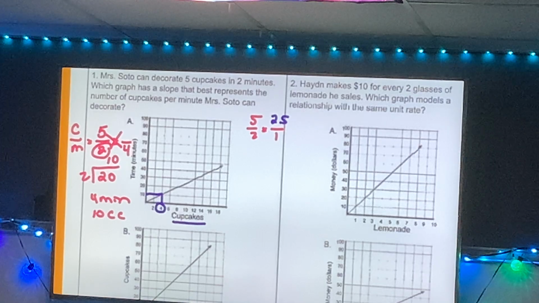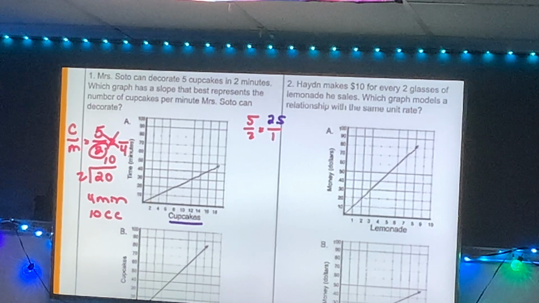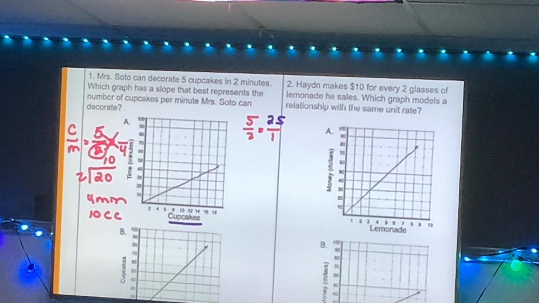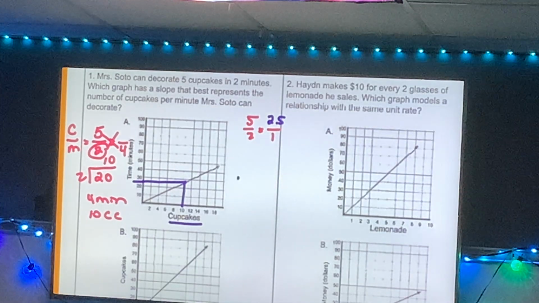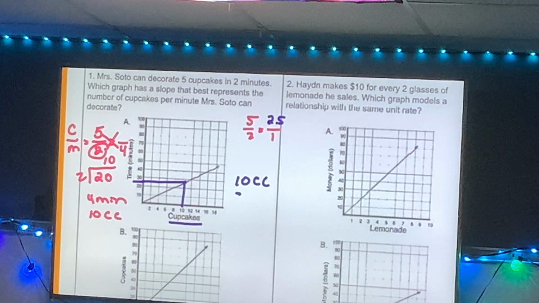Oh, just kidding. I don't have 4 cupcakes. I have 10 cupcakes, right? Do you see where this will get you? 10 cupcakes. Go over. Gives you how many minutes? 25. So this was 10 cupcakes in 25 minutes.